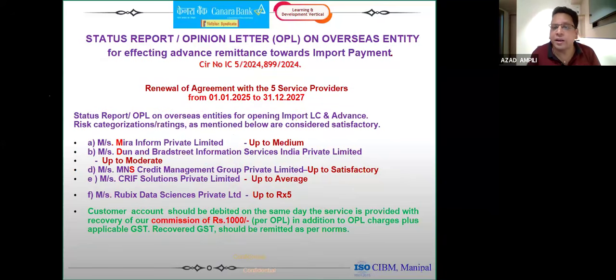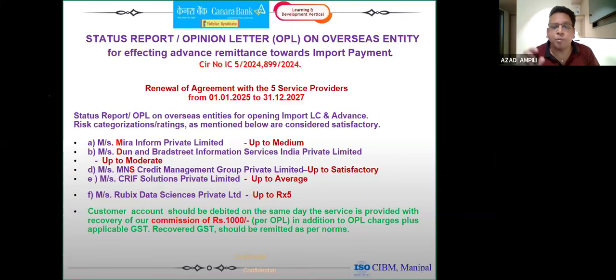Every year at the year end, this circular will come. What is the difference this year? Every year they would renew the agreement for 1 year. This year, from 1/1/2025 to 31/12/2027, almost 3 years they have done. For 3 years a single agreement. Earlier it used to be annual. Now for 3 years they have done that.